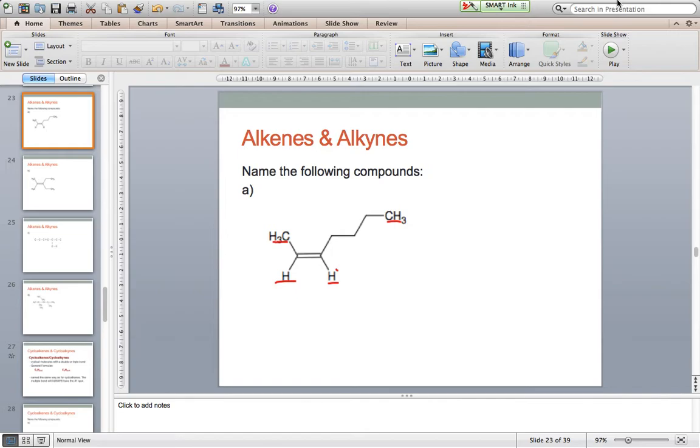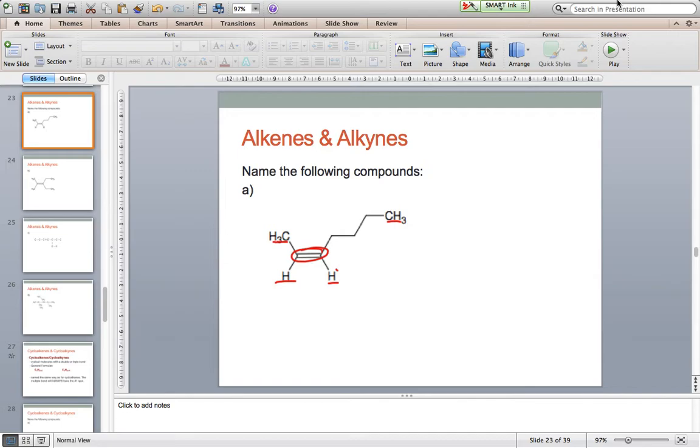So, let's take a look at this and go through the steps for naming as I have outlined them for you. So what we want to do, guys, when we're identifying our parent chain, is that it must contain the double or triple bond, whatever we have. Well, here we can see that we've got this double bond here. Our parent chain must contain that.